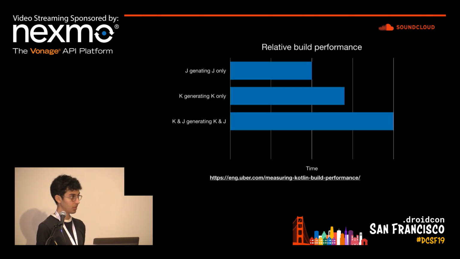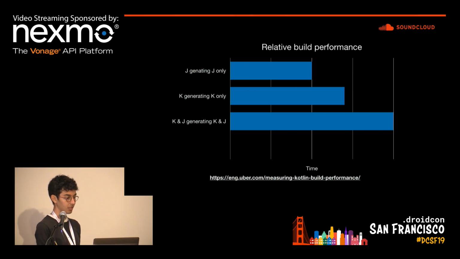And once again, this is just like a bar graph I threw up just to kind of compare. Uber did a blog post comparing the different performances of annotation processors. So first one at the top is if you have Java generating Java code only, that's obviously the fastest build. And if you have Kotlin generating Kotlin code only, that's a little bit slower.